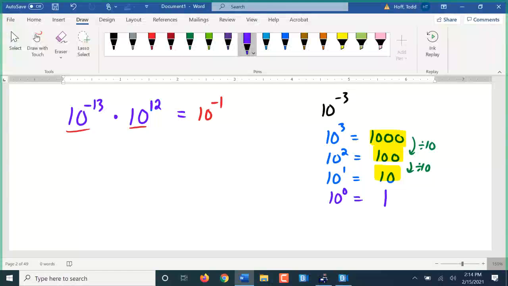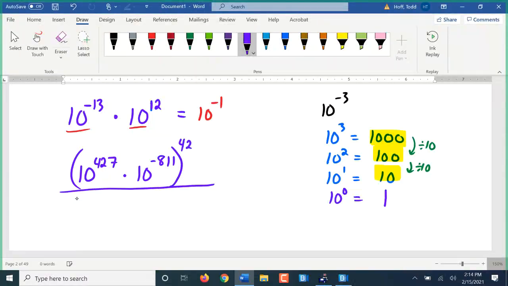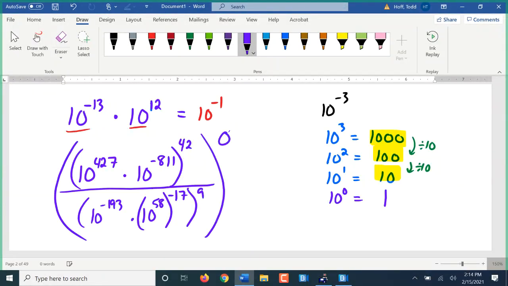Be careful with that. I have been known to be rather sadistic at times and do things like 10 to the 427th times 10 to the negative 811th, to the power of 42, times 10 to the negative 193rd times 10 to the 8th, to the negative 17th power, to the power of 9, to the power of 0.